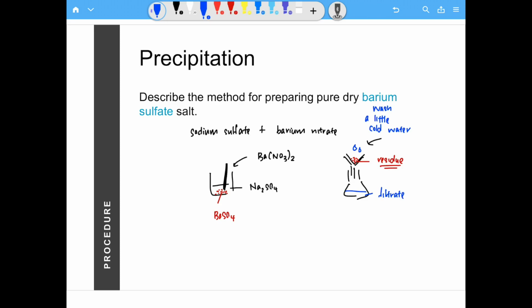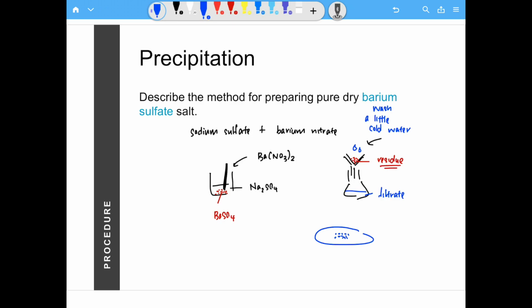We need to dry it. There are many ways in which you can dry the solid. One way is to let it dry in the presence of air, to let the water evaporate. The other way is to use another piece of filter paper to gently tap it. Another common method is to put it under an infrared lamp, which simply provides the heat for the water to evaporate more quickly.